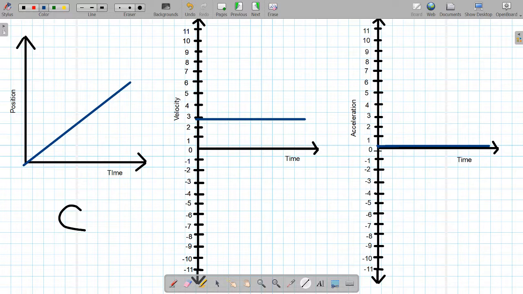Let me make that a little bolder for you guys. So a bold straight line through 0 meters per second squared represents 0 acceleration. Okay, so that's A through C. I'm going to stop this, and I'm going to do another video for D through F.